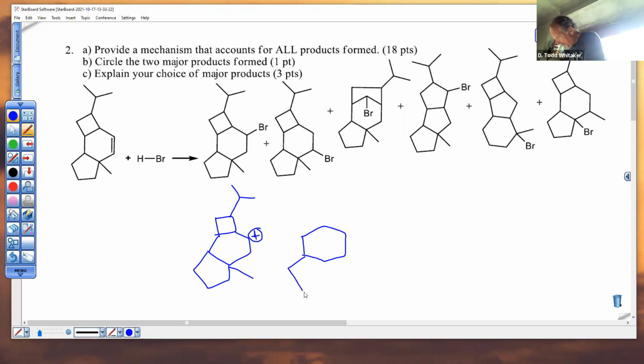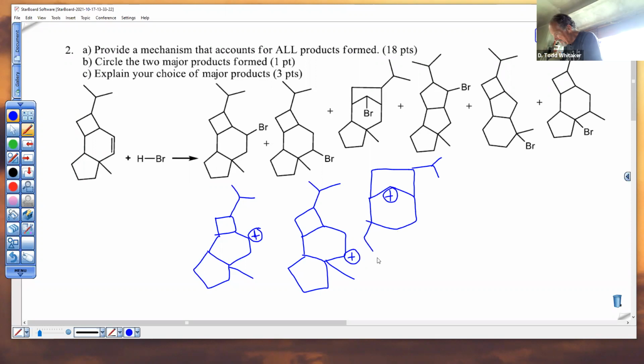Even a 35-year veteran gets better at drawing these things as he continues. And that's the cation that gives the second product. And then the cation that gives the third product, there's only one. Has to be that one. And there's a stray methyl here because, you know, technology. There we go. I don't like stray methyls.